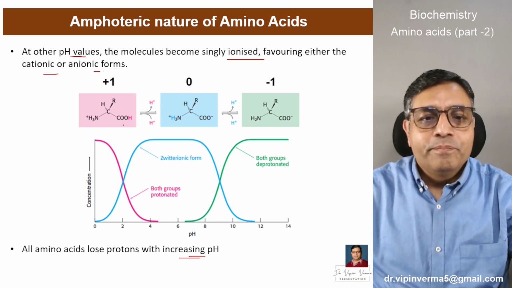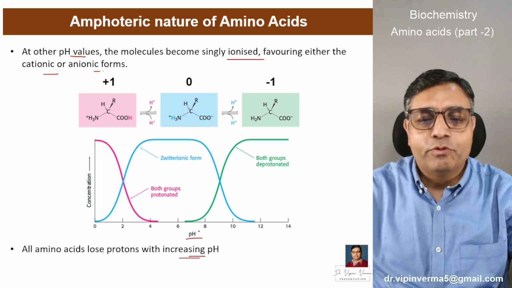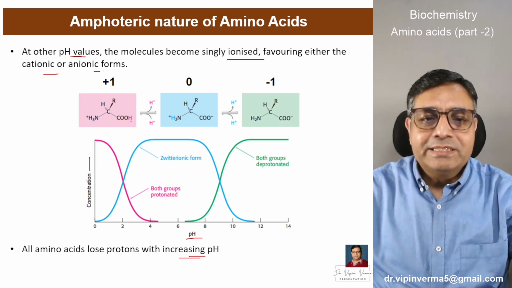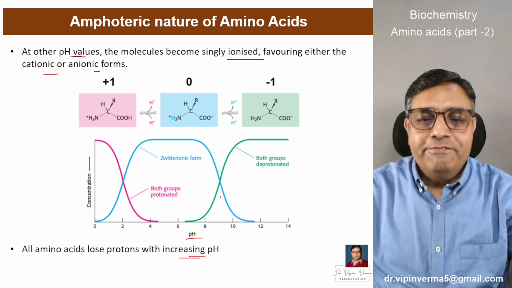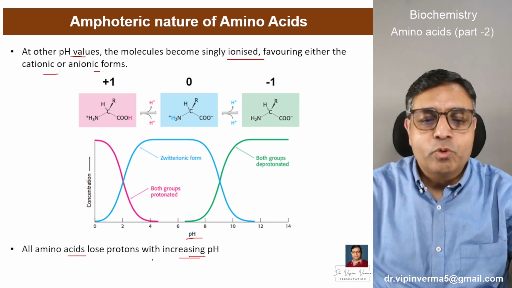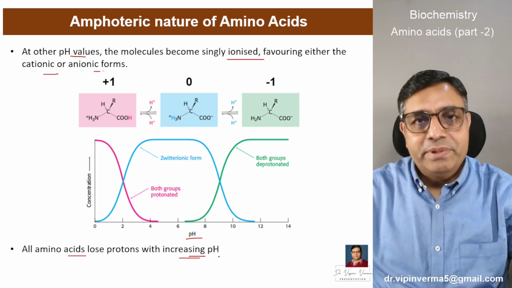Okay, now when you are increasing the pH, so this is the pH scale, and you are increasing from 2, 3, 4, 5, 6, then it has lost the proton, and you can see here the proton is lost. All right, and then further when we move to higher pH in the basic range, then this amine group also loses its proton. So that's why all the amino acids lose protons when we increase the pH.